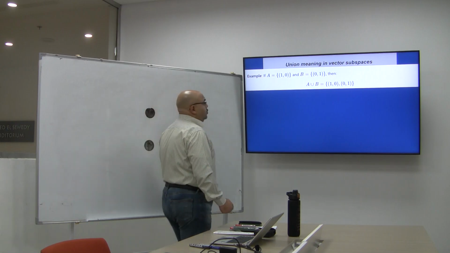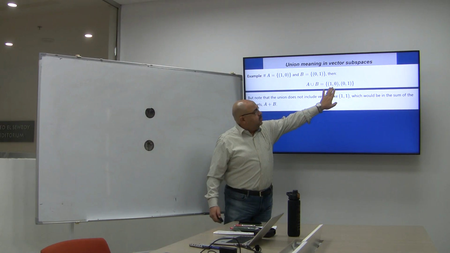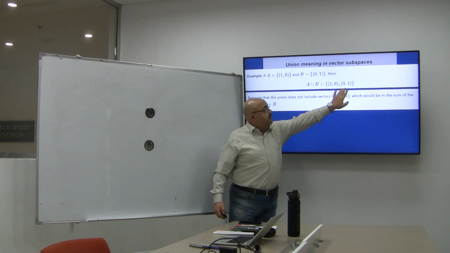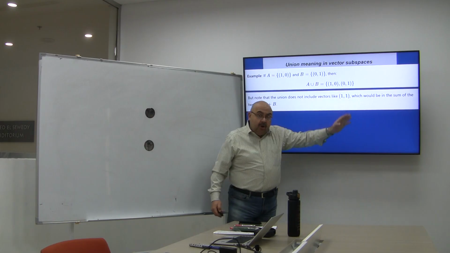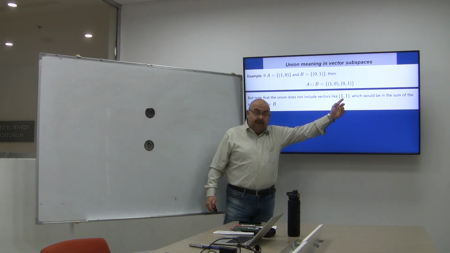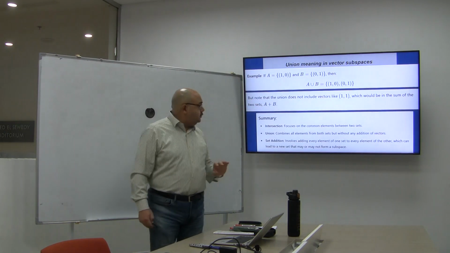For 1, 0 and 0, 1, as I told you, you have the set of all elements on the image of 1 and 0, the x-axis, and the image of 0 and 1, the elements of the y-axis, but you will never have the element 1 and 1, okay? Which is different from the addition.